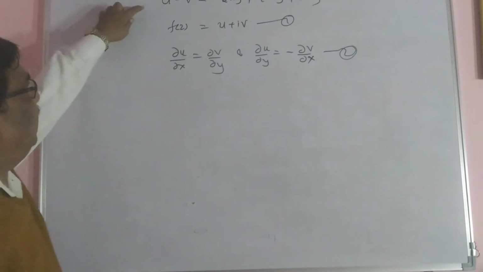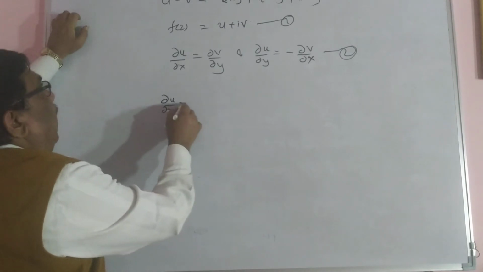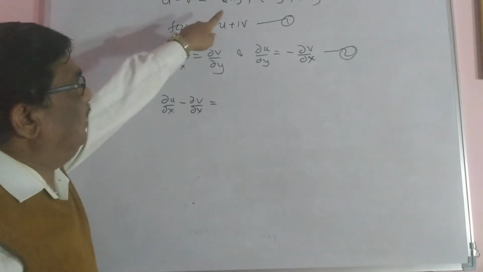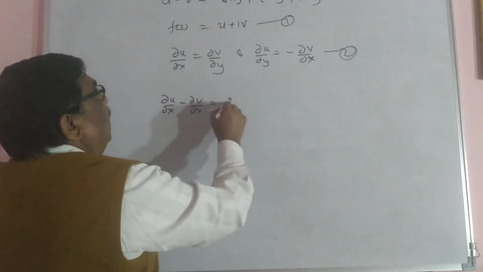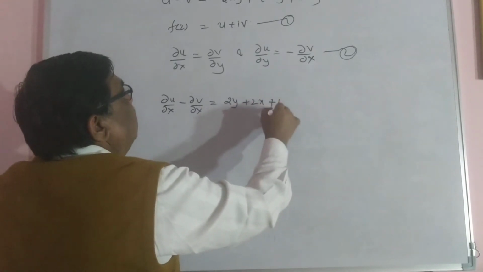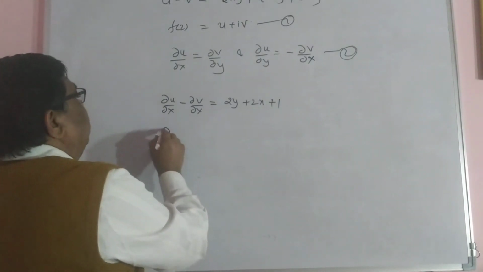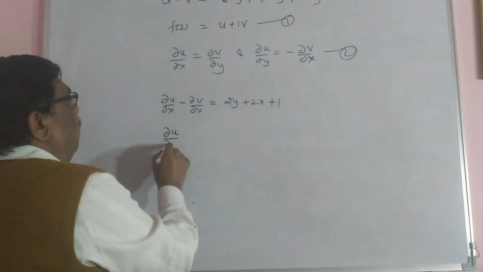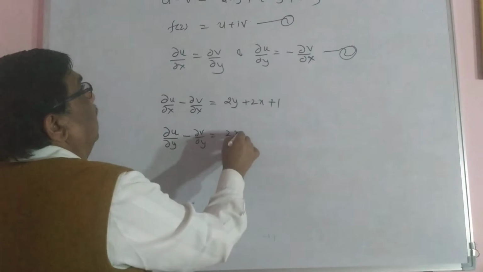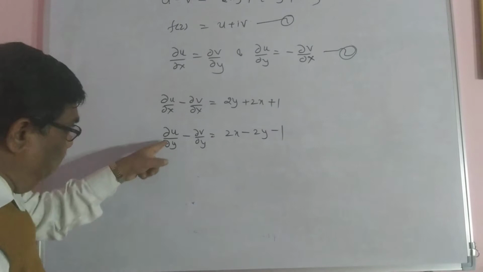Now differentiate partially with respect to x. ∂u/∂x minus ∂v/∂x equal to, differentiating partially with respect to x means y constant, so 2y plus 2x plus 1, since x differentiation is 1 and y differentiation is 0. Then differentiate partially with respect to y. ∂u/∂y minus ∂v/∂y equal to 2x minus 2y, x differentiation is 0, y differentiation is 1, and replace this.